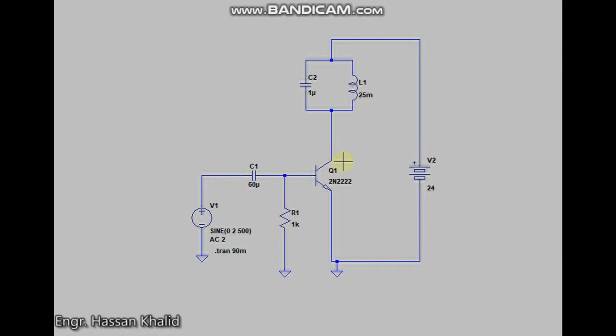Basically, we will be providing the alternating voltage with the help of this transistor, which is continuously switched with respect to this input voltage, which is an AC voltage.